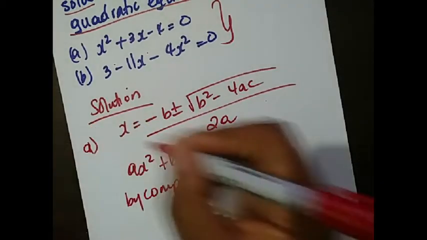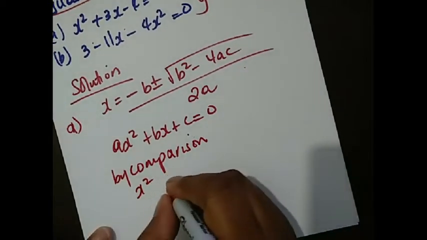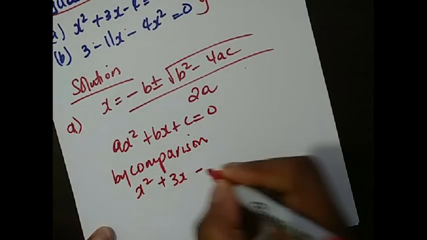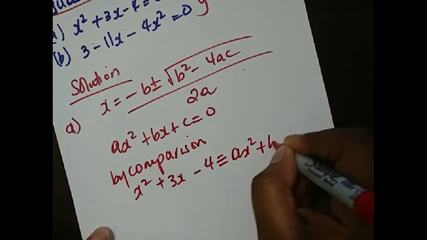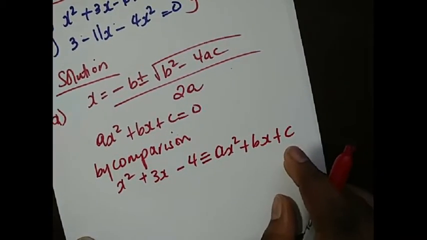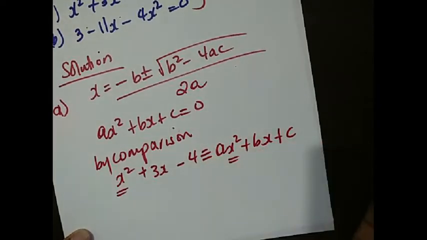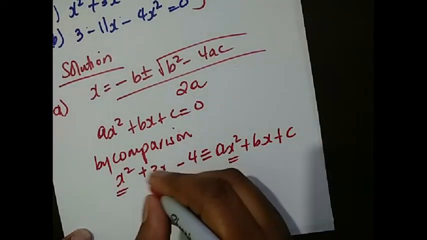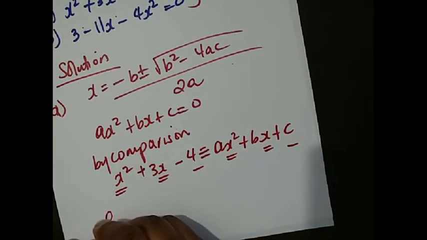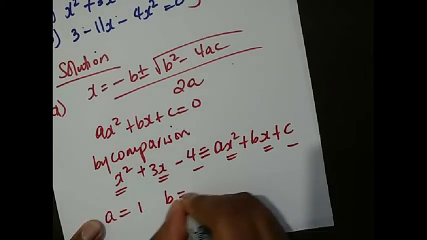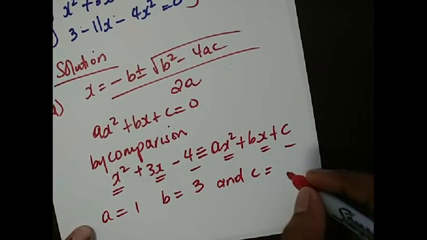By comparison, x squared plus 3x minus 4 is equivalent to ax squared plus bx plus c. We compare the coefficient of x squared, the coefficient of x, and the constant terms. So by comparison, a is equal to 1, b is equal to 3, and c is equal to negative 4.